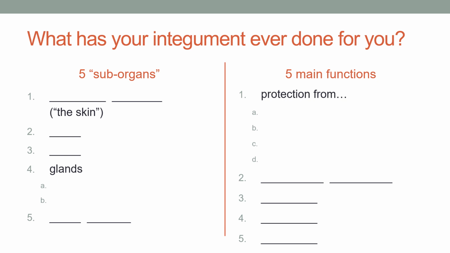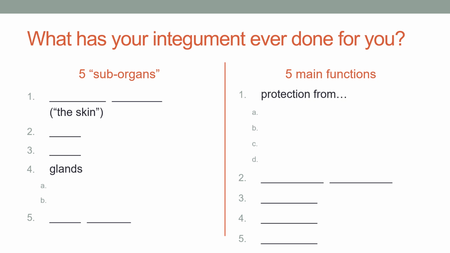First off, there are 5 sub-organs to this integument, and I encourage you to take a moment here, hit pause on the video, and see if you can list out all these 5 different parts of the skin.